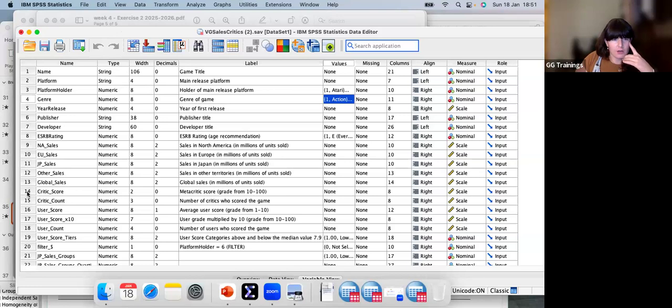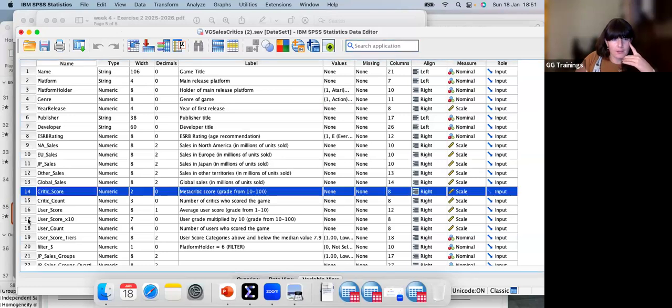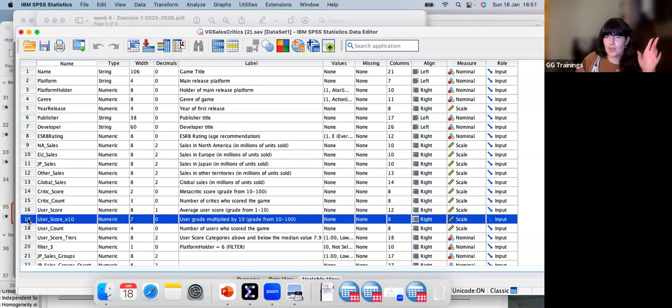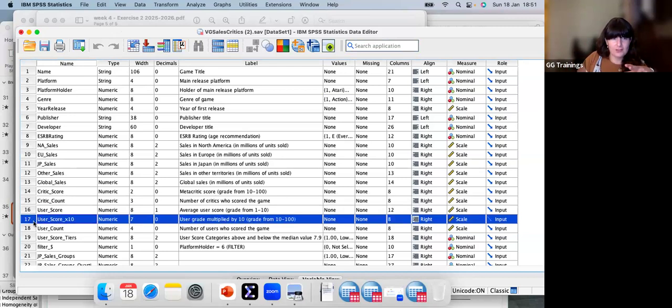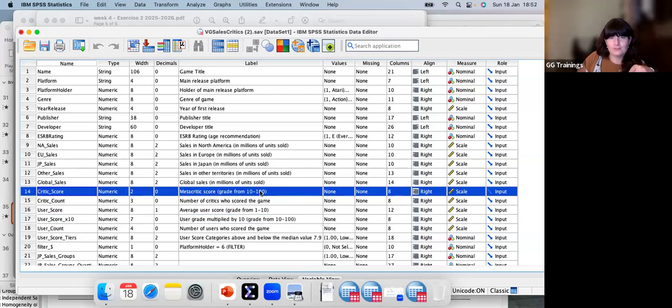So you're using critic score and user score times 10. Remember what I said in the lecture part, that when you create an average, they might even manipulate the variable to make sure it's measured exactly the same way. Regular user score is measured from 1 to 10, but they want you to use user score times 10 so that it's also from 10 to 100, same as critic score. These are just things you need to notice.